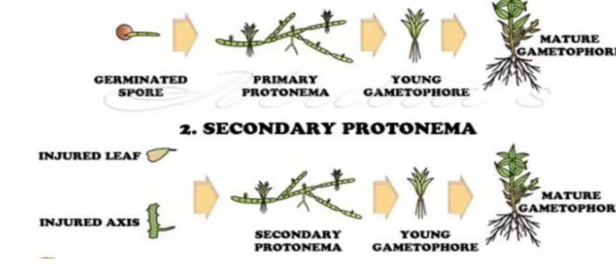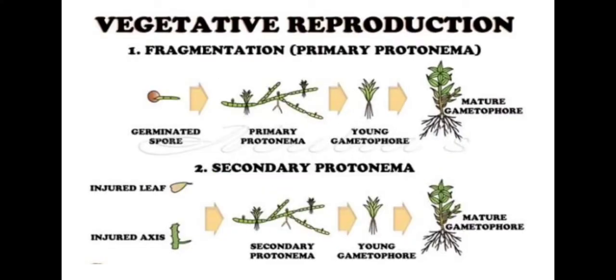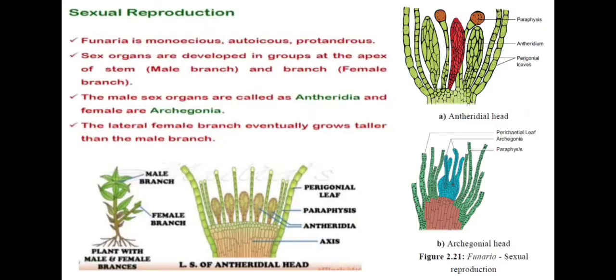This secondary protonema which develop from injured leaves or injured stem then give rise to mature gametophore. So these are the 5 methods of vegetative reproduction, that is either by fragmentation of primary protonema or by secondary protonema, by gemmae formation, by bulbils or by apospory.